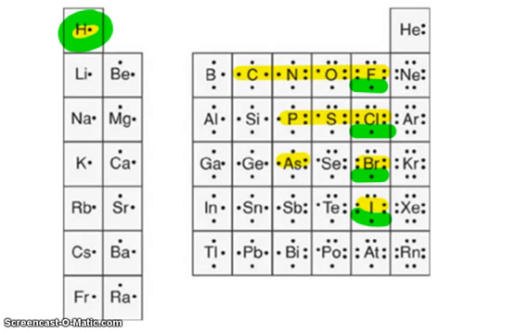Double bonds, well, of course, we just saw O2 because oxygen has 2 available electrons to share. And so when we look at our remaining elements here that we're going to use, they all potentially have 2 valence electrons that they can share. So any of these are capable of forming double bonds.